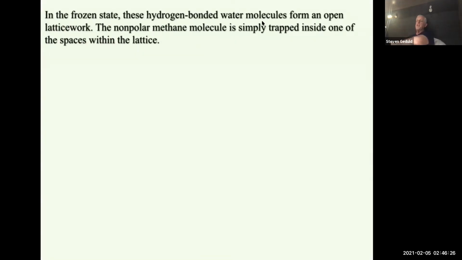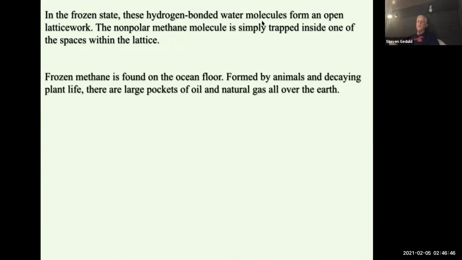In this frozen state, these hydrogen-bonded water molecules form an open lattice work surrounding the methane. Methane, which is nonpolar because it's a hydrocarbon, just gets trapped inside the space within this lattice. So frozen methane is found on the ocean floor.